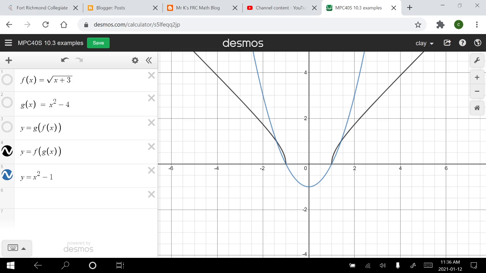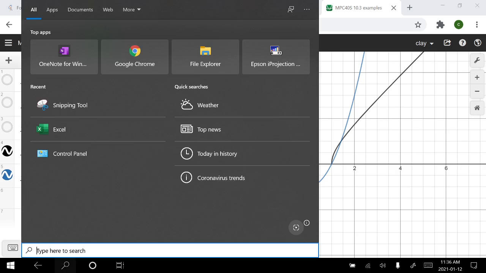Basically, the domain is, well, first of all, I can't have any negative numbers for my range, and my domain doesn't exist. There's no x values between these two intercepts here. So let's go back to the notes and let's actually figure that out.